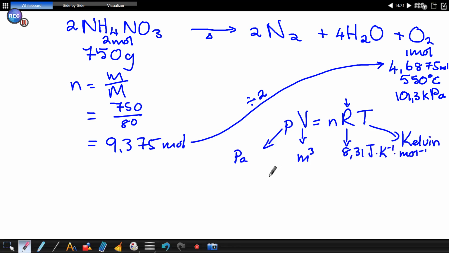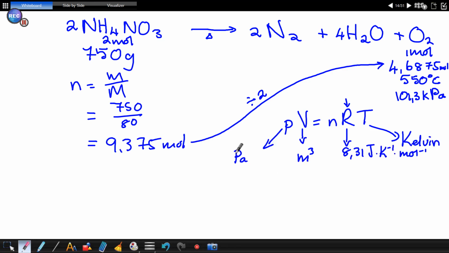This is the reason why we can't work with gases in degrees Celsius when we do calculations, because you can't divide by 0, and you do get gases at 0 degrees Celsius.